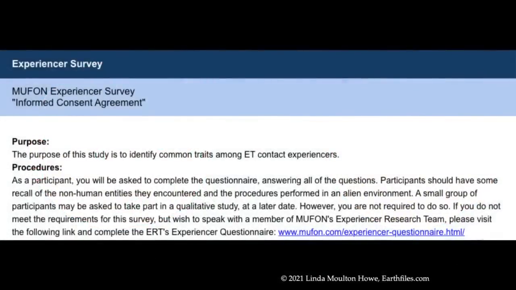In August 2015, the Mutual UFO Network posted at the MUFON website an abduction experiencer survey for the purpose to identify common traits among ET contact experiencers.